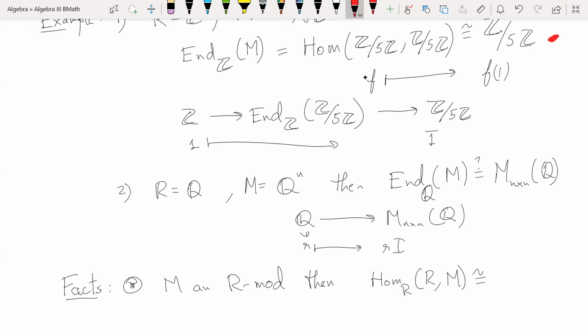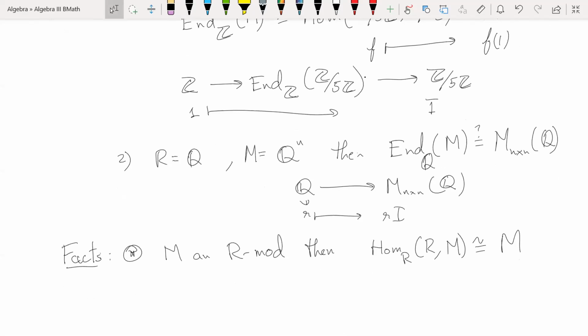This will be the map. So what should it be? M. M, yeah. So f going to f(1). If you do that, then you will see that it's actually isomorphic to M. Okay, so this is the first fact.